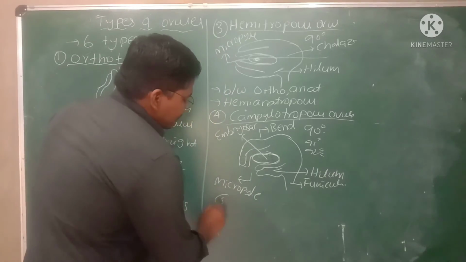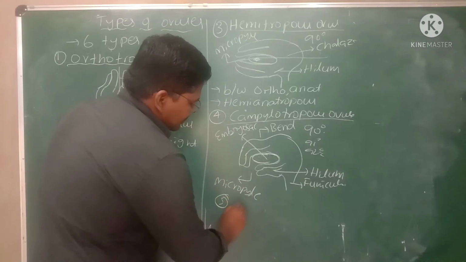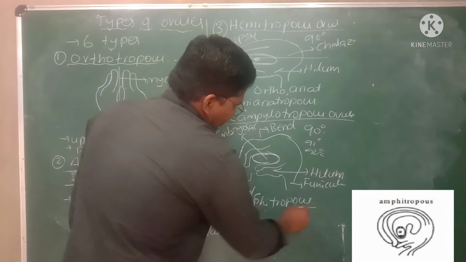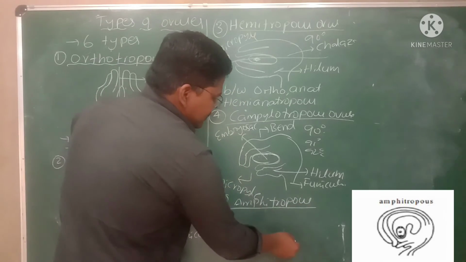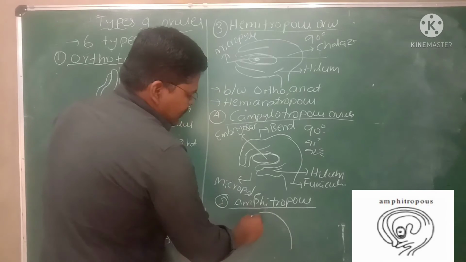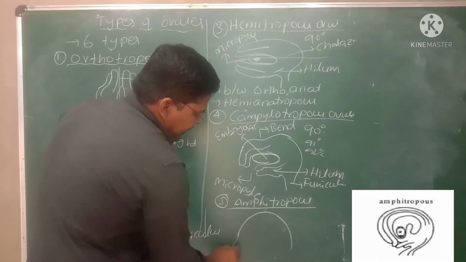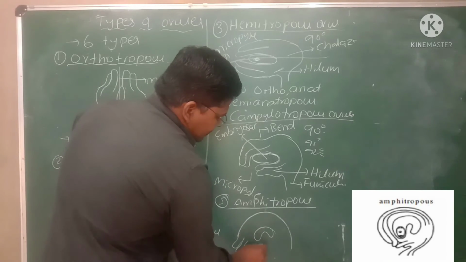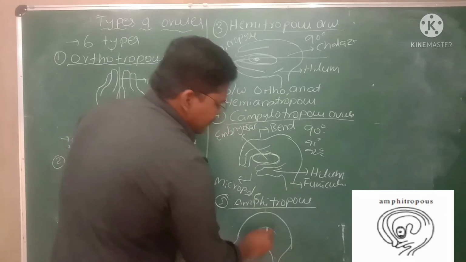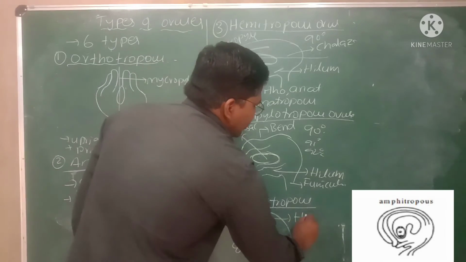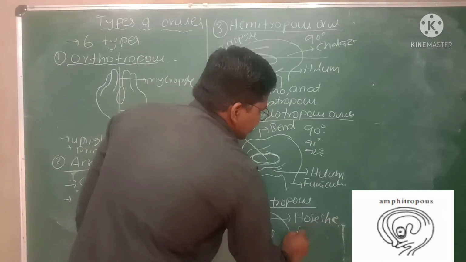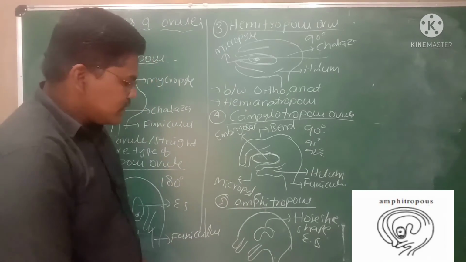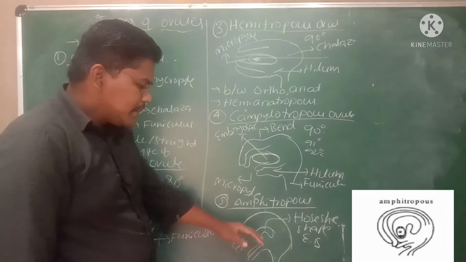After campylotropous ovule, the fifth one is amphitropous ovule. In amphitropous ovule, we can see the bending of both the embryo sac and the body of ovule. We can observe a horseshoe-shaped embryo sac.